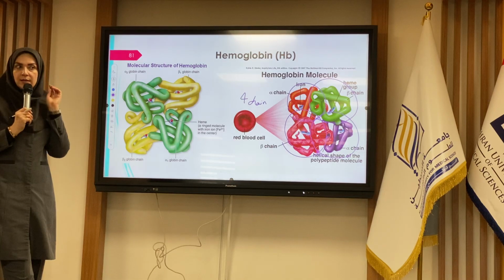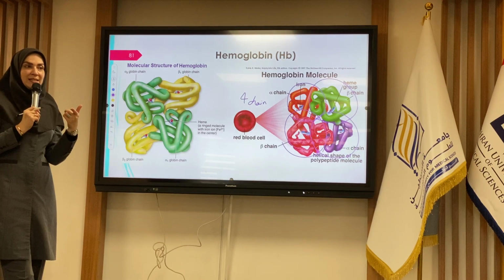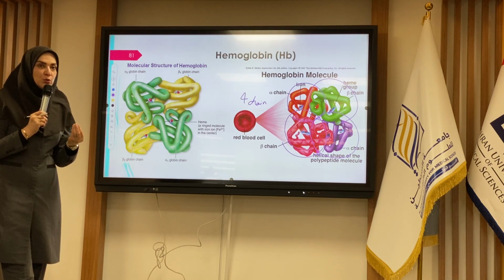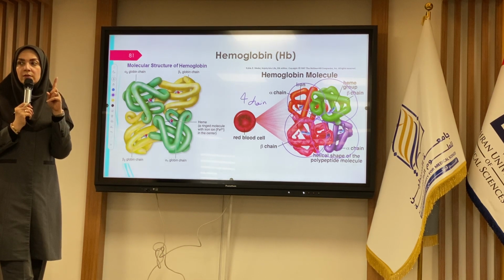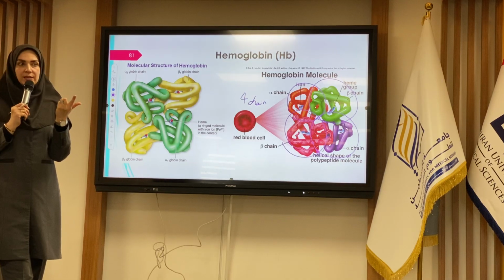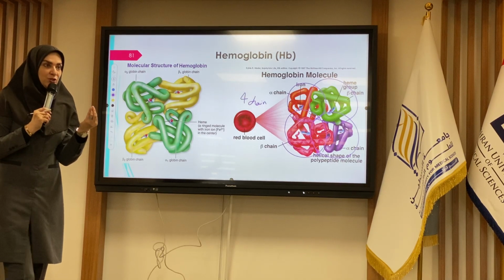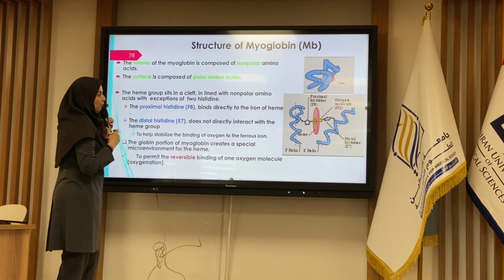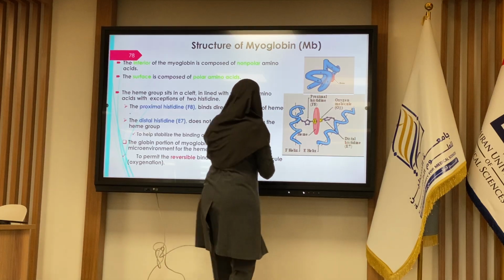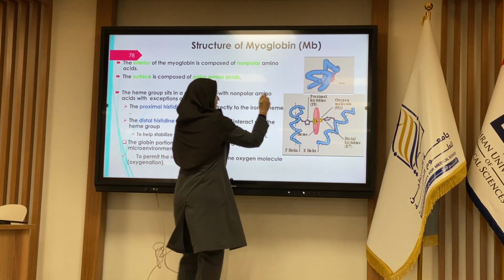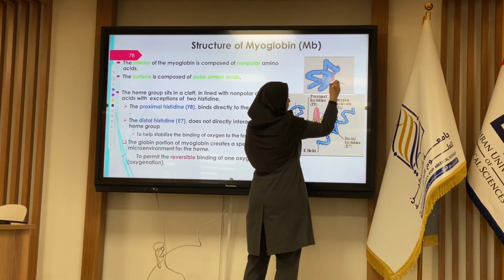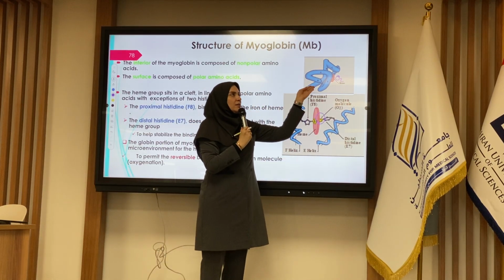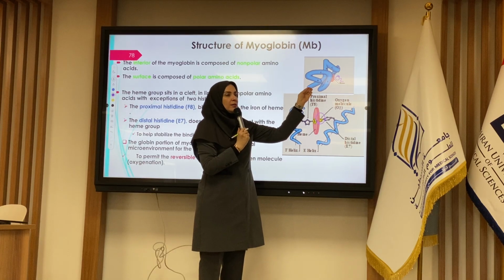It's better to ask another way: how many oxygen can bind to 1 heme? 1 oxygen. Please pay attention: for each heme group, only 1 oxygen.